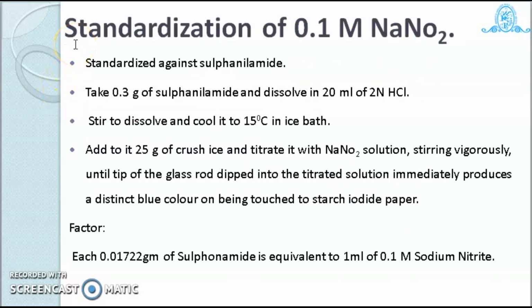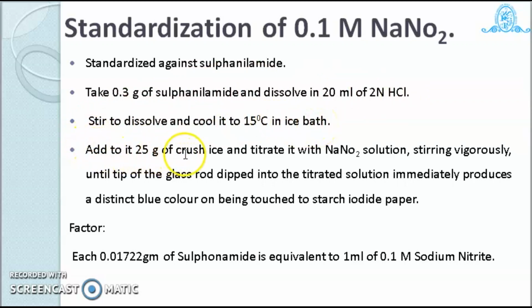Next is standardization of 0.1 molar sodium nitrite solution. Standardization of sodium nitrite is carried out against sulfanilamide. The procedure is: take 0.3 gram of sulfanilamide and dissolve in 20 ml of 2 normal HCl. Stir to dissolve and cool it to 15 degrees Celsius in an ice bath.